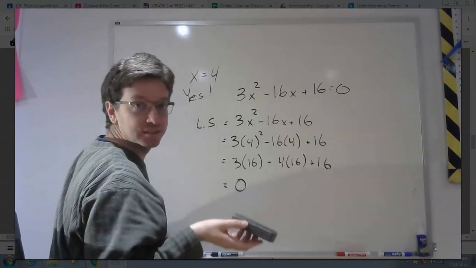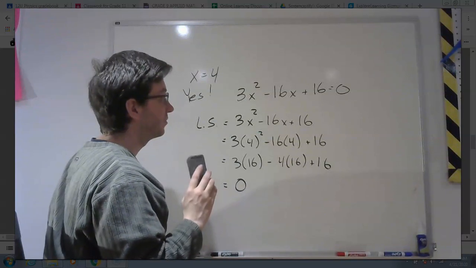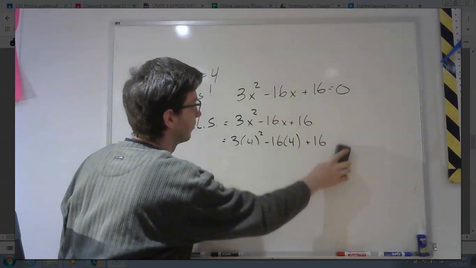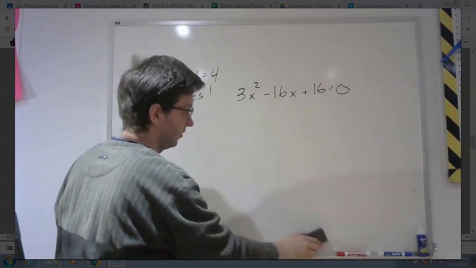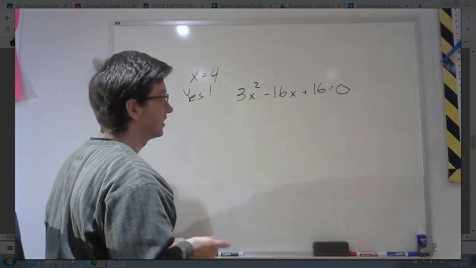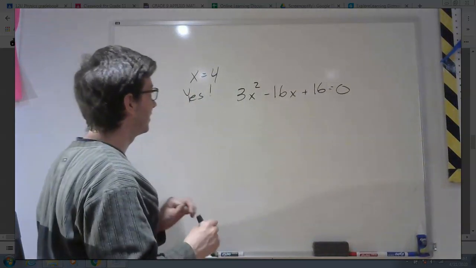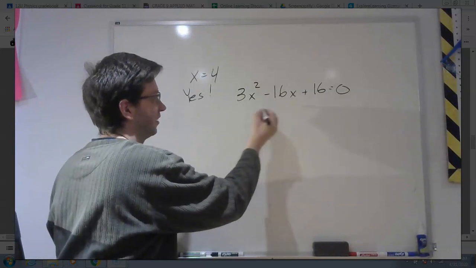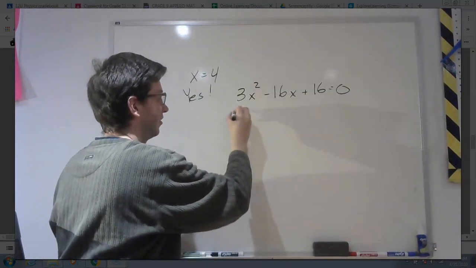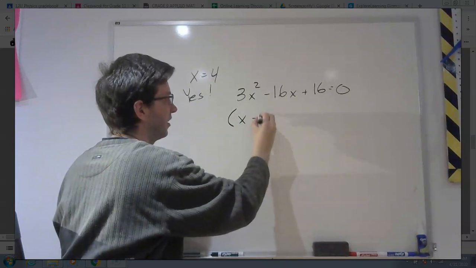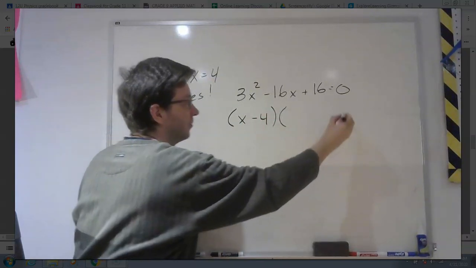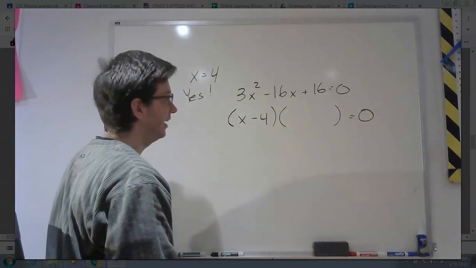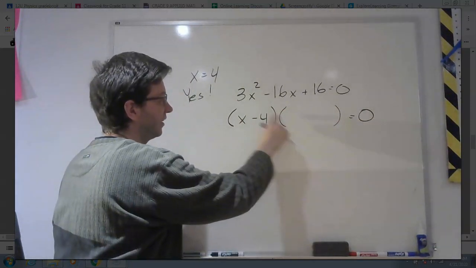Now I haven't reviewed the quadratic equation, so let's solve this one with the quadratic equation. Although you could easily just try to factor it, because we already know, let me just do both. We already know that x equals 4 is a solution. So if I were to factor that, I could write x minus 4 times something else equals 0. Now x times what gives you 3x squared?